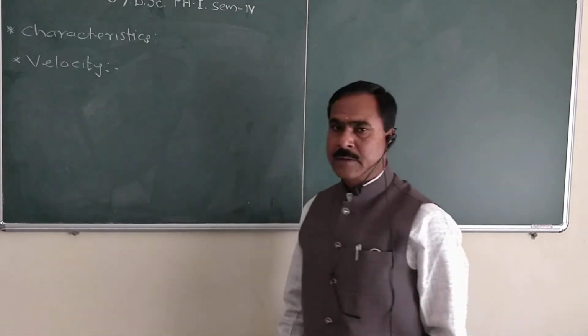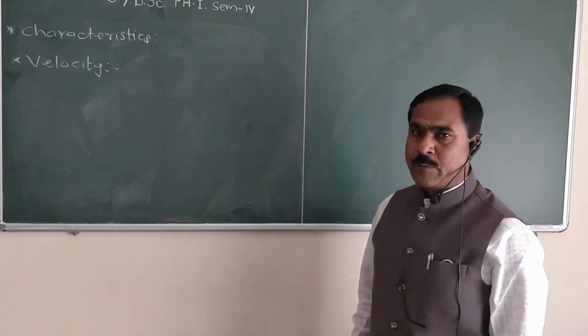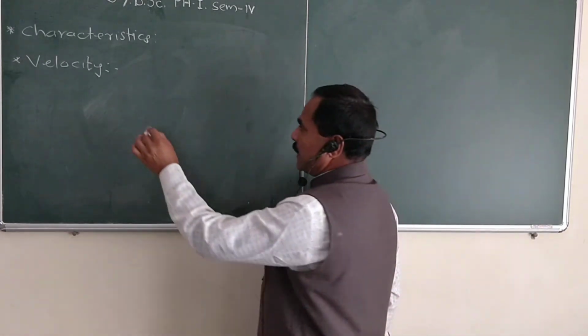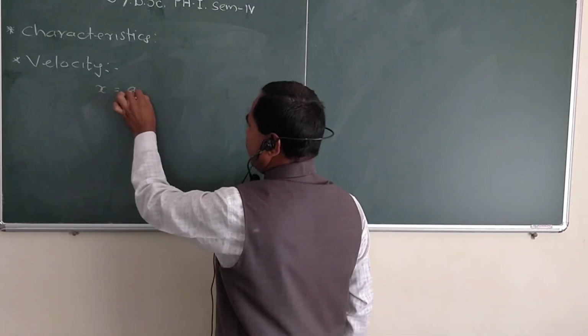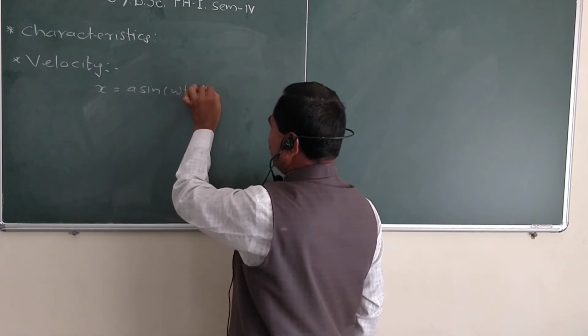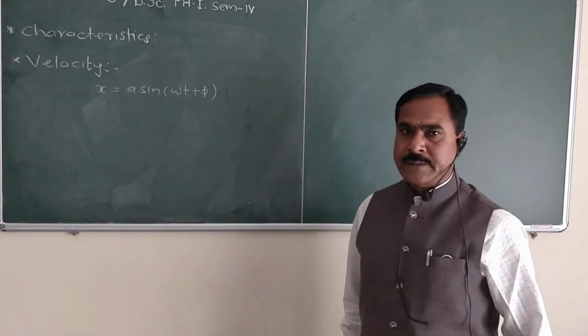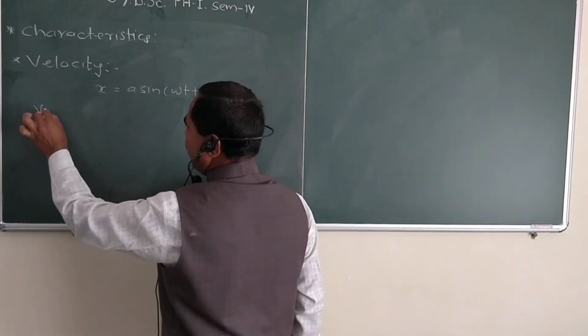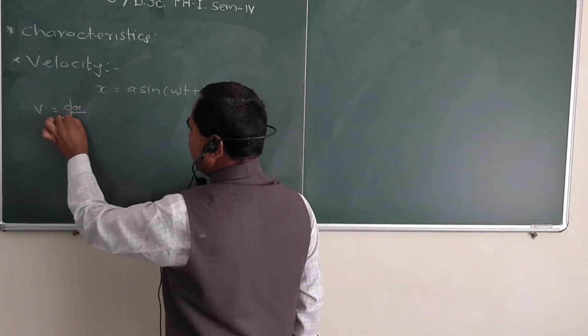Velocity. When we are going to calculate the velocity, first we consider the equation of displacement, and that is x equal to a sine of omega t plus phi. Then we write the velocity as the derivative of displacement. Therefore, v equal to dx by dt.